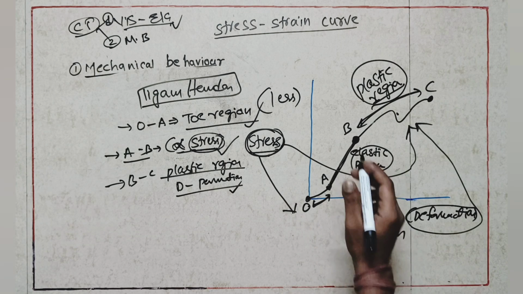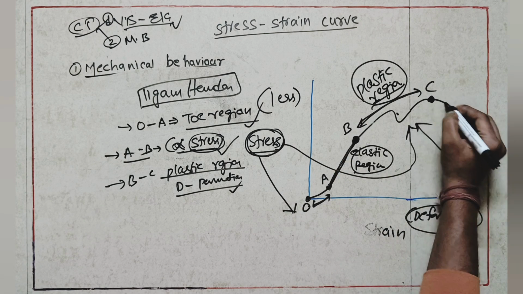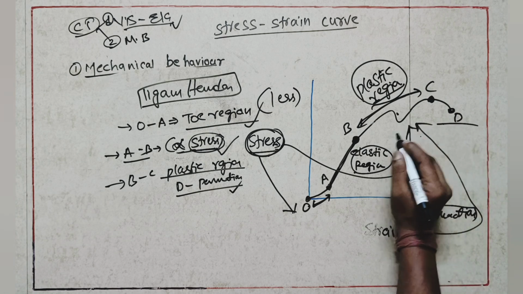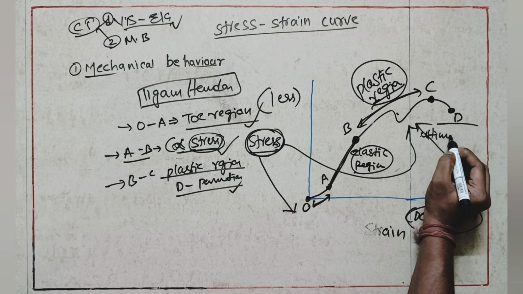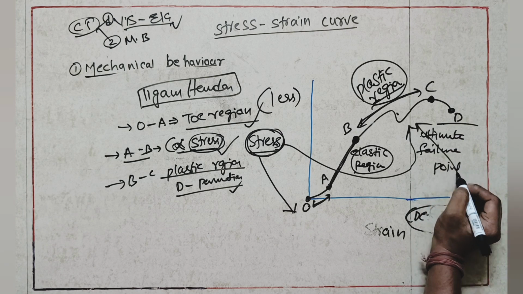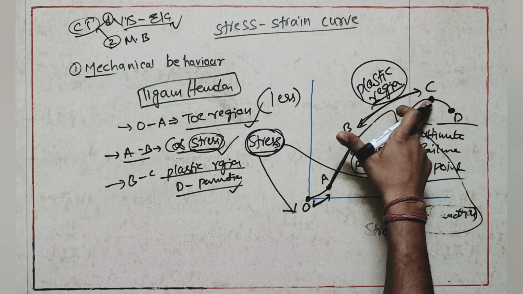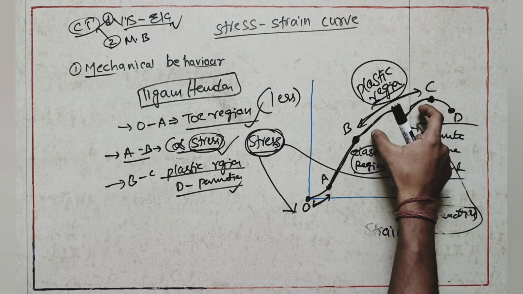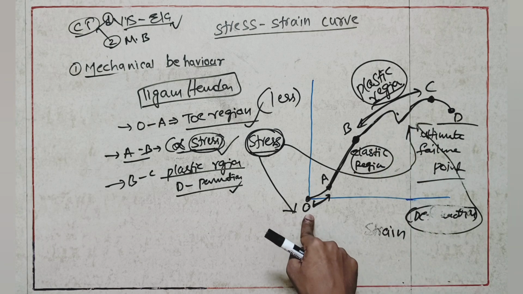That is the plastic region. Now from C to D, this is the ultimate failure point. What it means is, from C, already in the plastic region, the tissue has gone for deformation that will not come back to the original structure.